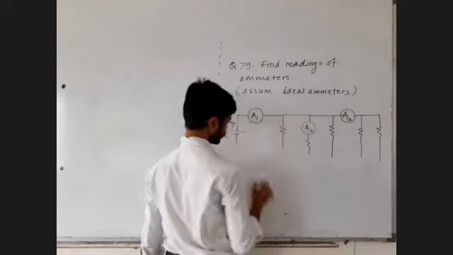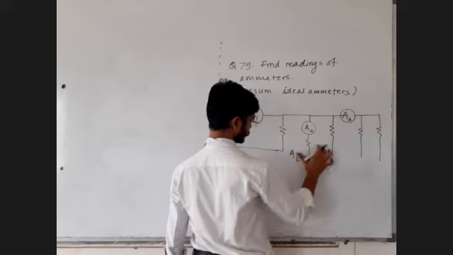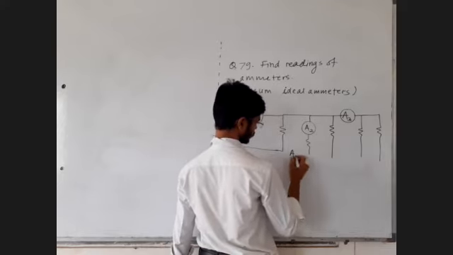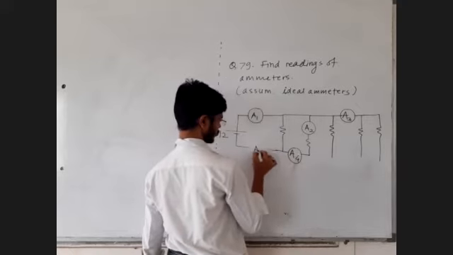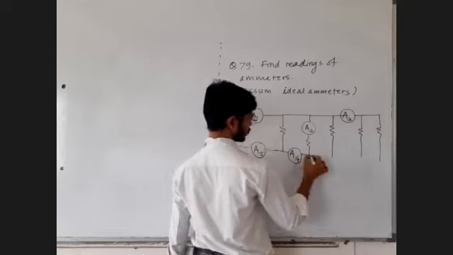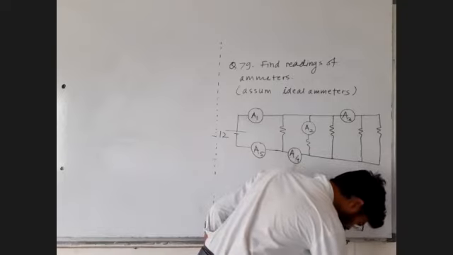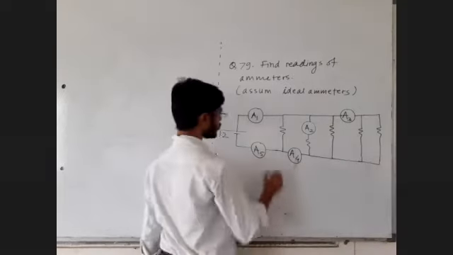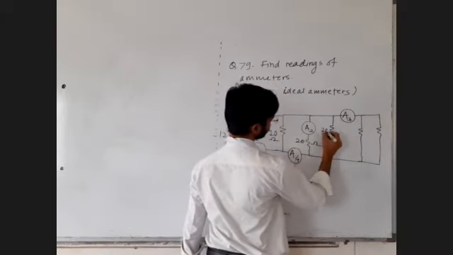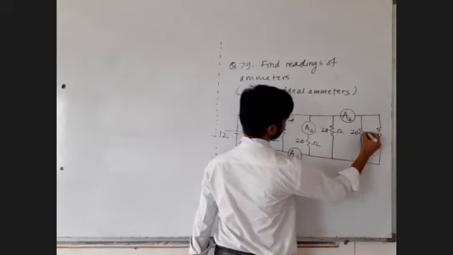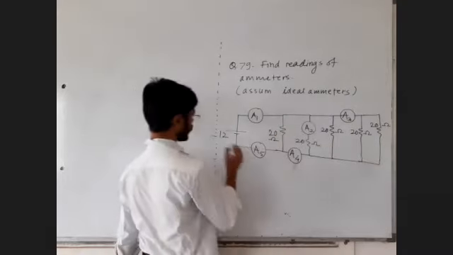Let me add a few more ammeters. Each resistance is 20 ohm. Battery is of 12 volt.